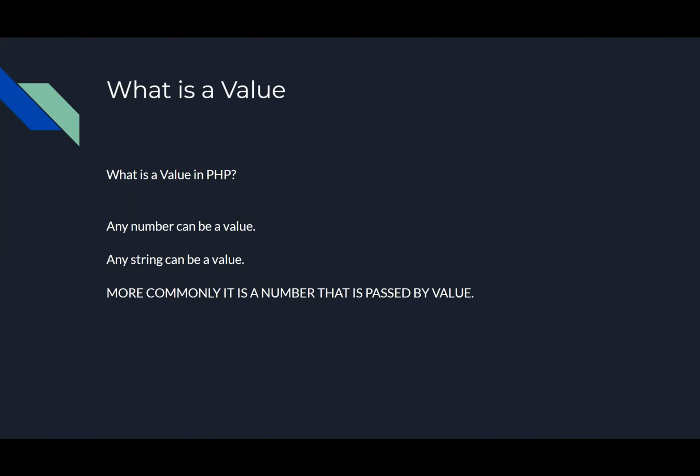Most commonly, when it's passed, it is a value or a number. It's most common just to pass a number through to do calculations or different things like that. But it also is very common to pass a string through, but most likely that'd be passed by reference. But we'll get to that.